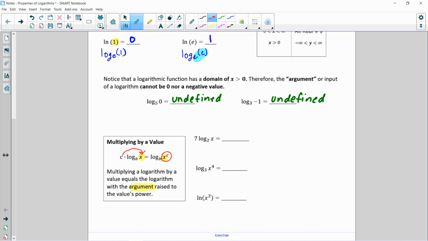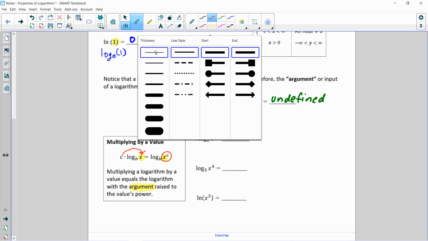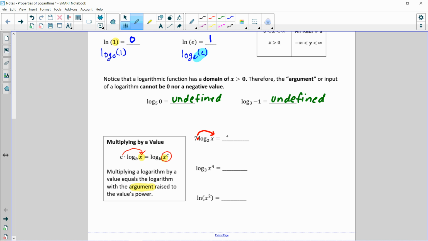Okay, so to kind of show you what we're going to do, we're going to take this value that's multiplying in front, and it moves and becomes a power on the inside. So this becomes log base 2 of x to the 7th power.